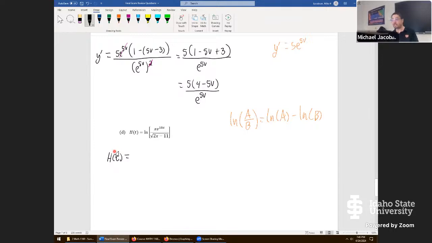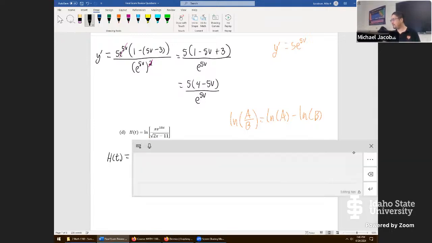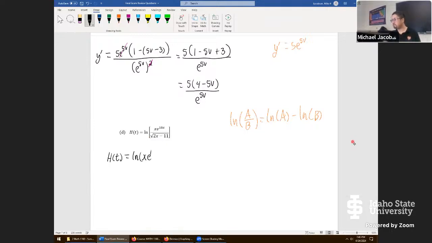We're just using algebra to re-express it, will be equal to natural log of x e to the power of 10x minus the natural log of the square root of 2x minus 11. So that's our first step in expanding this out.